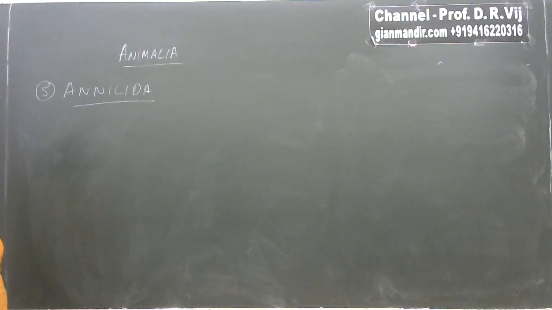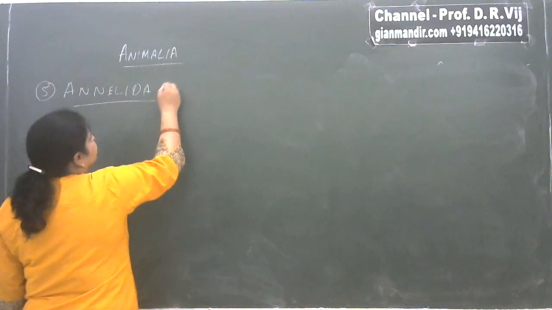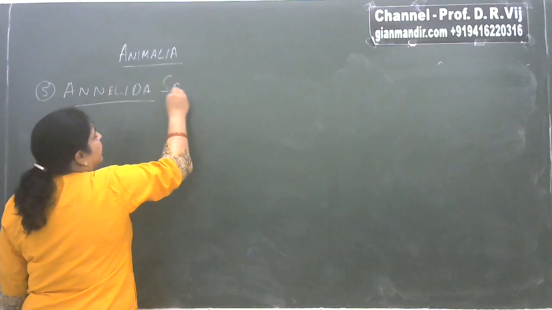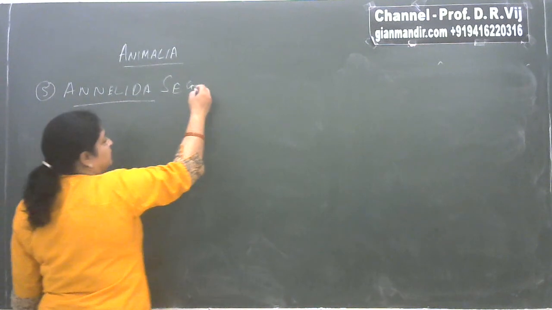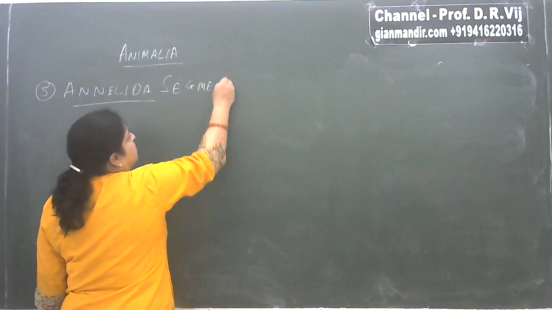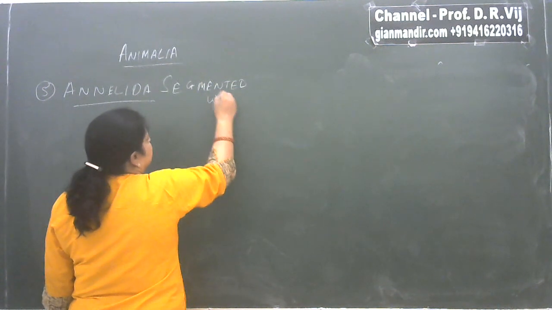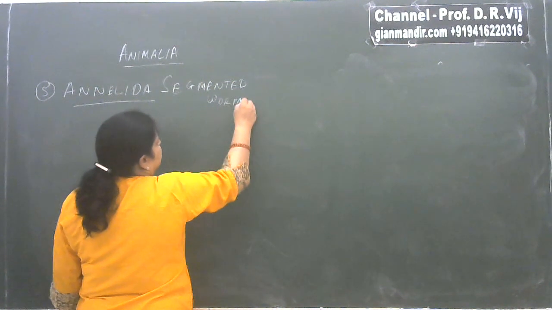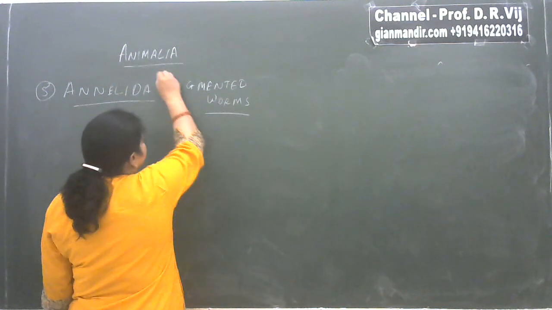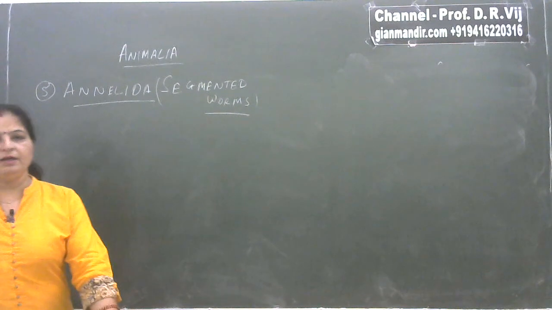If you look at the characteristic features of phylum Annelida, it is also known as segmented worms, as their body is segmented from top to bottom. And this segmentation is both external as well as internal.